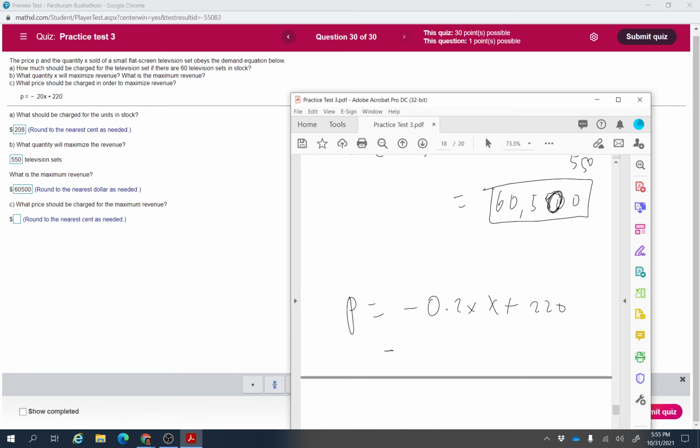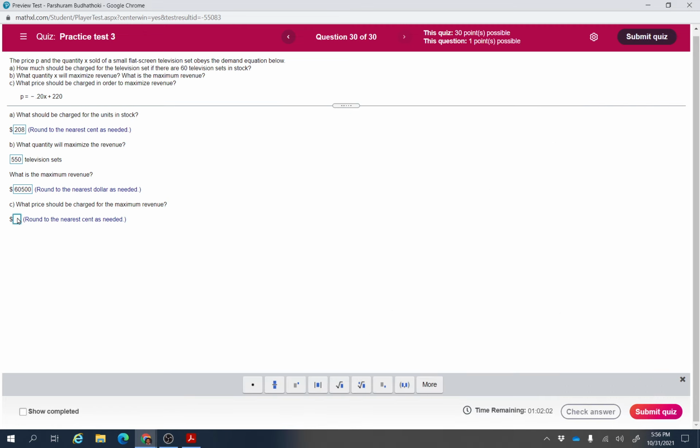Just plug in x equal to 550 and use the calculator: negative 0.2 times 550 plus 220 is 110. So the price of that television set to have maximum profit should be 110. Let's check the answer.